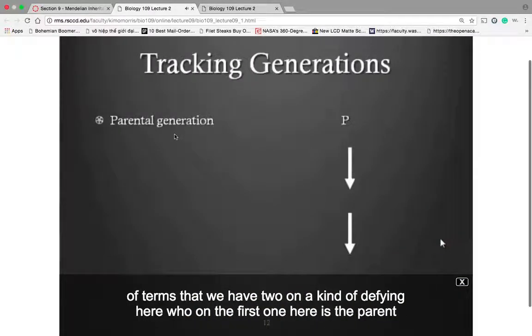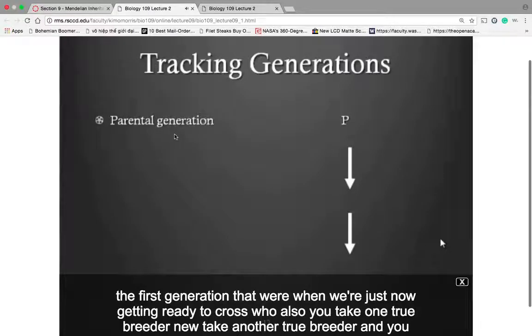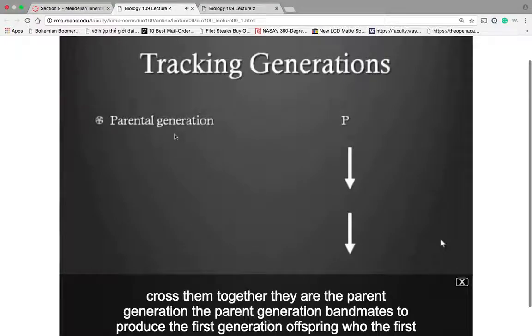So there's a couple of terms that we have to define here. The first one here is the parent generation. What are we talking about when we refer to parent generation? We mean the first generation when we're just now getting ready to cross. So you take one true breeder, you take another true breeder, and you cross them together. They are the parent generation.